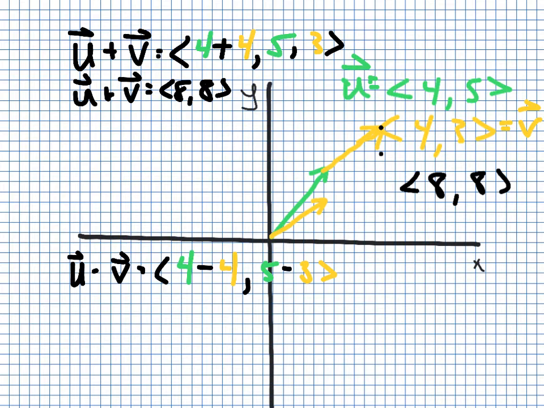Oops, let's make that a black bracket. And then u minus v equals, and then 4 minus 4 is 0, and 5 minus 3 is 2. Now, you've seen how to subtract vectors.